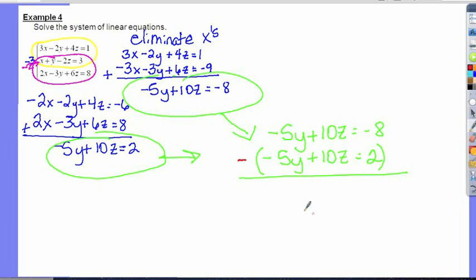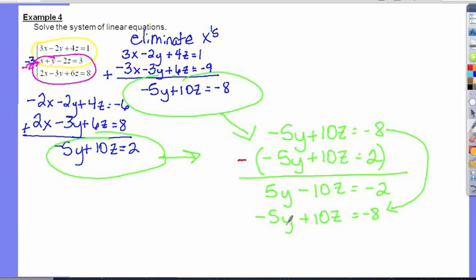To multiply all this by -1, all of these will change signs. So this will turn into +5y minus 10z equals -2. And then I'm going to just bring this down and rewrite it underneath that. So -5y plus 10z equals -8.